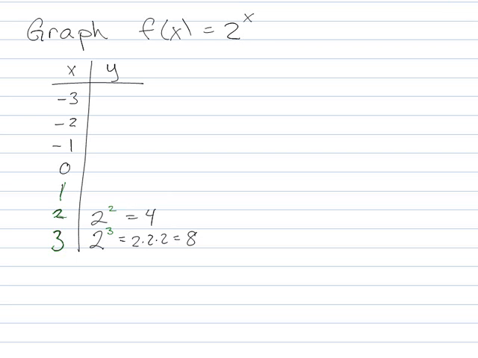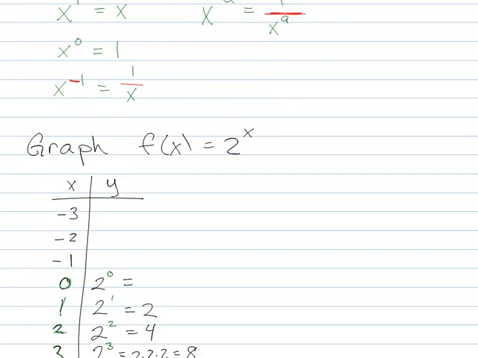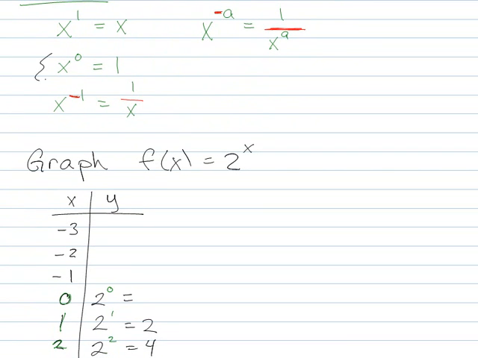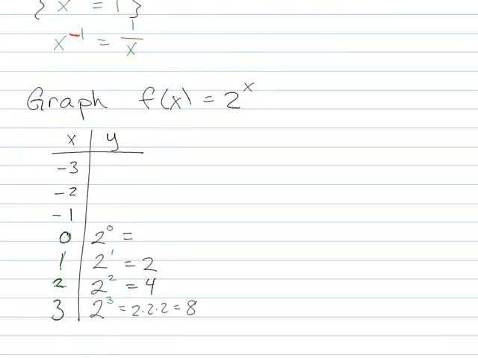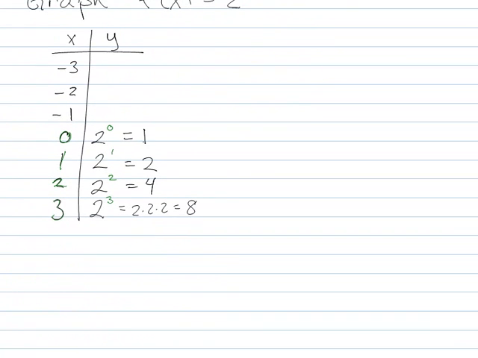I've got 2 to the first, which is 2. Then I've got 2 to the 0. What is 2 to the 0? Remember, anything to the 0 is 1.